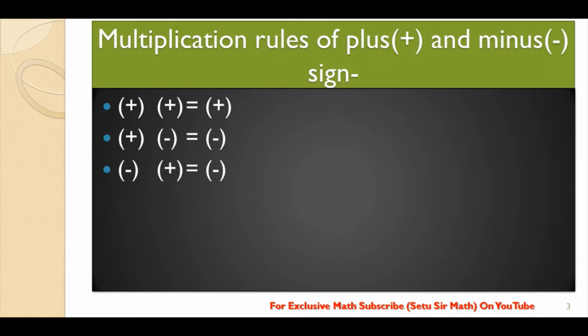Minus and plus, the multiplication will be minus. Minus and minus, the multiplication will be plus. Again, I am saying: plus and plus, that would be plus. Plus and minus, that would be minus. Minus and plus, that would be minus. Minus and minus, that would be plus.